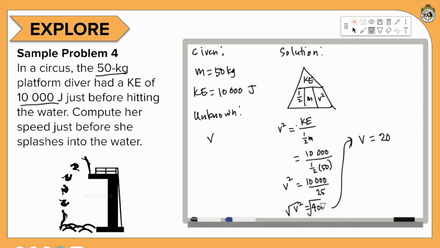And don't forget, once you have computed the value for v, to put the unit, which is meters per second. So the answer to the question, what's the speed before she splashes into the water? It's just 20 meters per second.